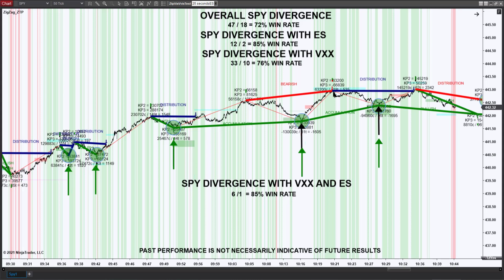And what it also demonstrates is that if you have rules for your exits, even though there were 18 losses of the 65 trades, many of those losses were contained to a point. And you saw how that was demonstrated in the video.